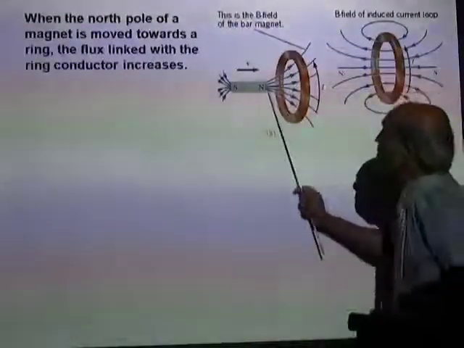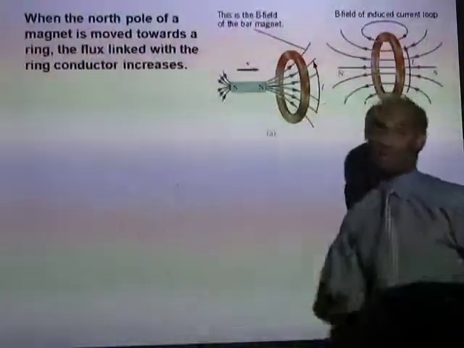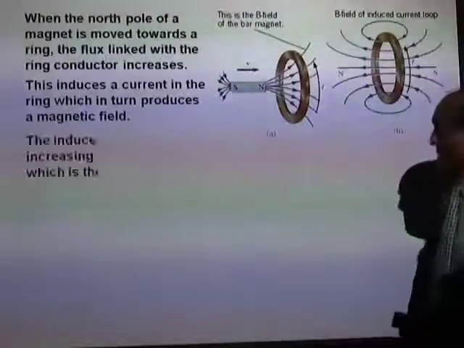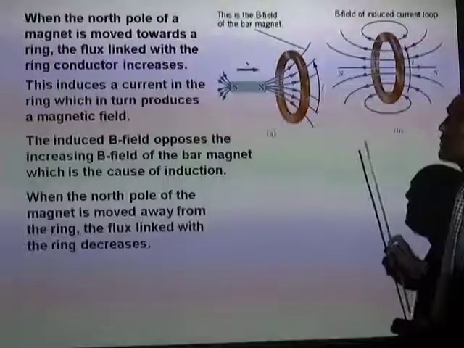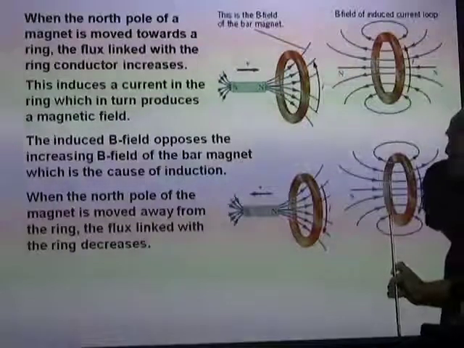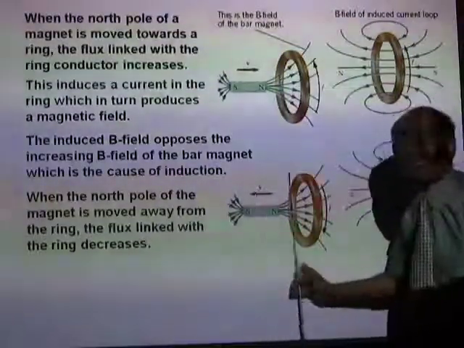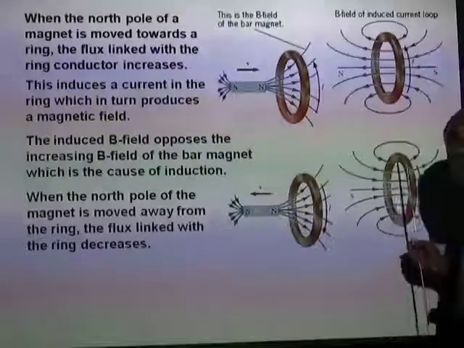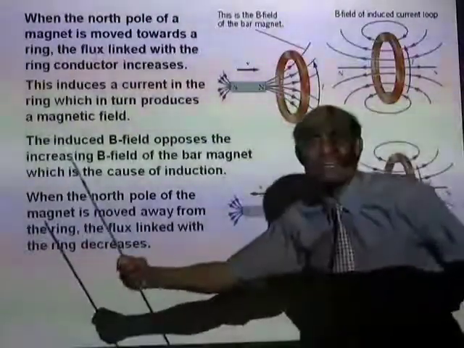Now tell me, if the north pole is moved away, what would be the situation? Well, when the north pole is moved away, then the magnetic flux linked with the conductor decreases, and the direction of the induced current will be such as to oppose the decreasing magnetic flux.